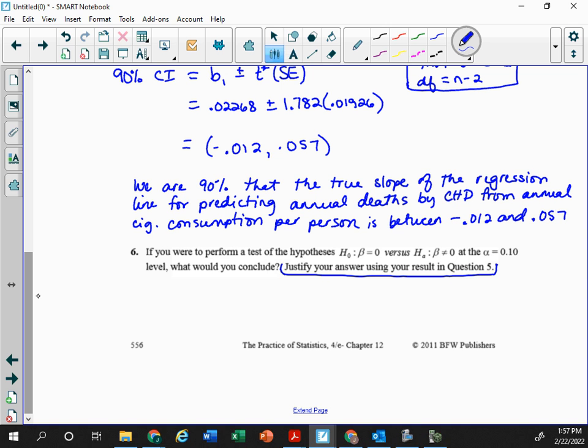Yeah, Patrick. We can't rule out that cigarettes don't affect. Yeah, what number is included in this interval that is important? 0. Yeah, so you can't really make a great conclusion here because the slope could be negative, meaning deaths go down by cigarette consumption, or it's positive, meaning deaths go up by cigarette consumption. So that's basically what you have to talk about.